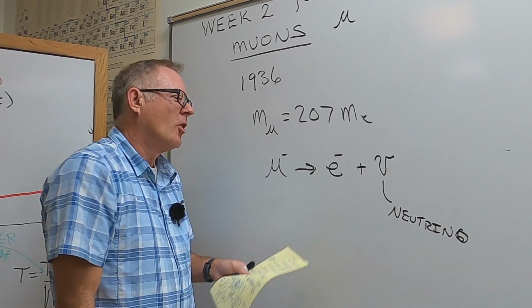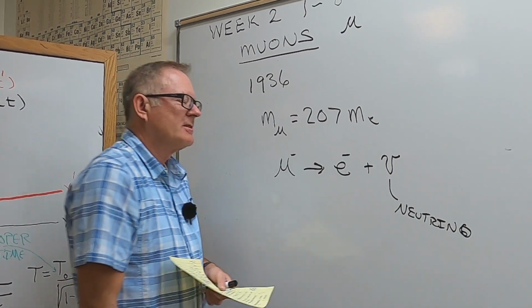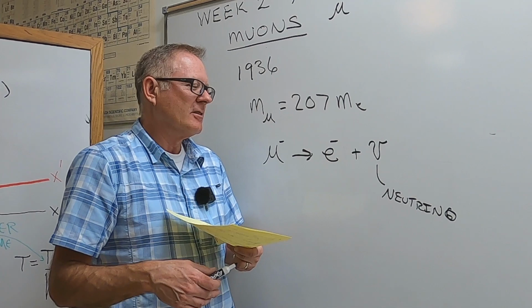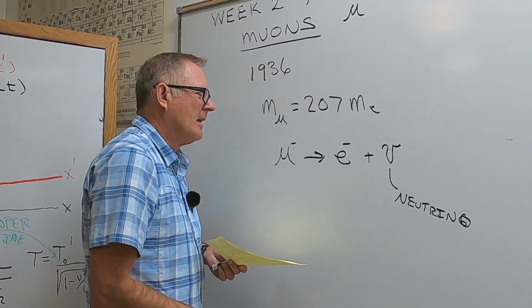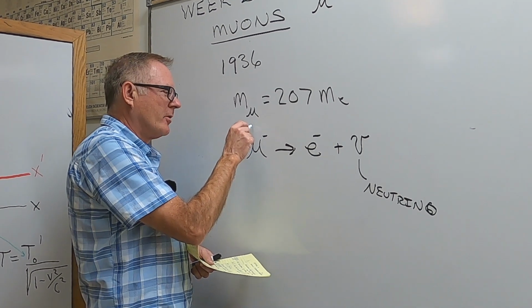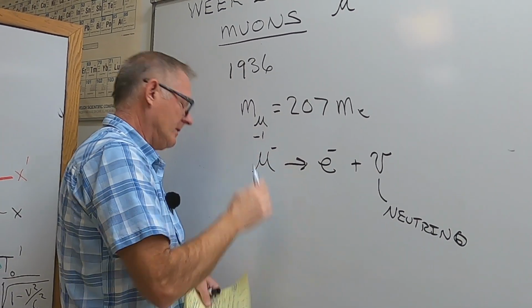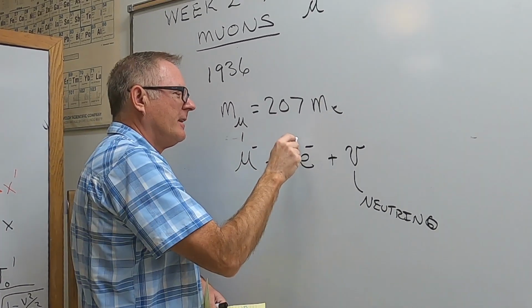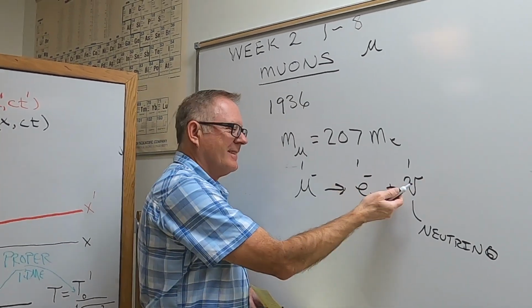But it can't just go into an electron and a neutrino because there's a conservation law, conservation of lepton number, which we might talk about later. This has a lepton number of, let's say, 1, and that has a lepton number of 1, and 1 doesn't equal 2.